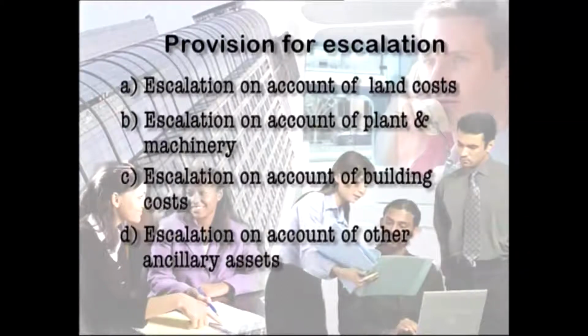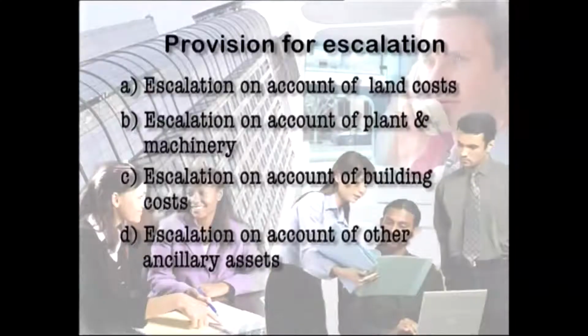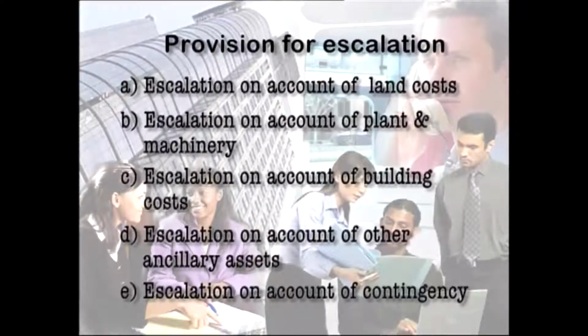So you have to have a provision for escalation in the projected capital cost estimates. And you have to provide for unforeseen items at a certain percentage of the actual cost which you can foresee as of now. So these are really provisions for contingencies which may be required because there's a lot of uncertainty involved here. All this will add up to what is called the total capital cost estimate for the project.